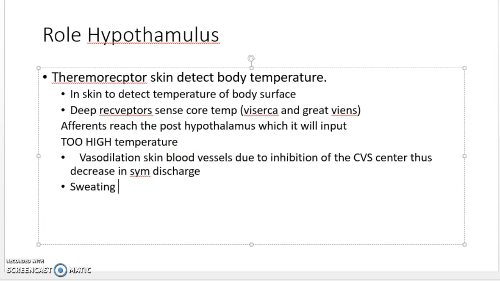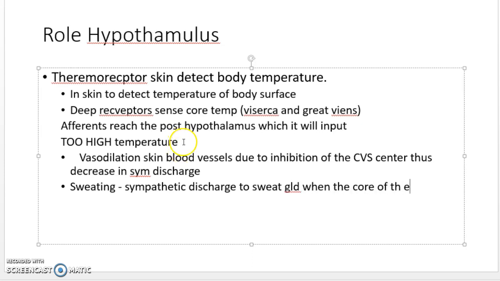The next thing is sweating. Sweating is sympathetic discharge to the sweat glands when the body core temperature rises above 37.